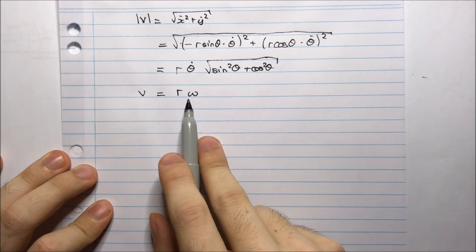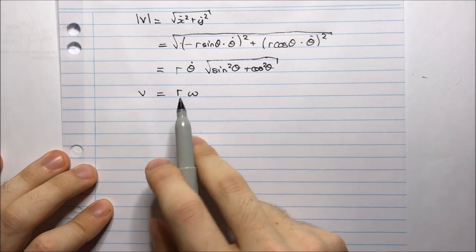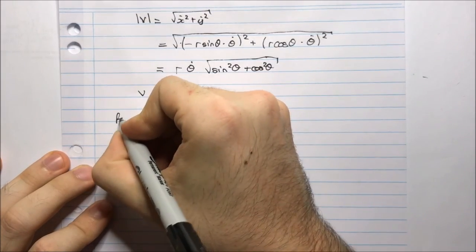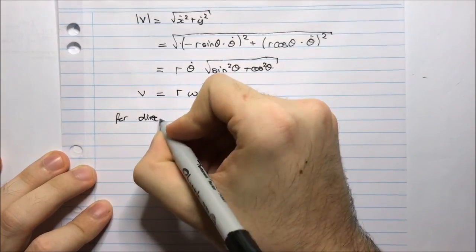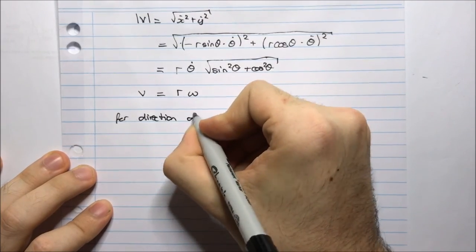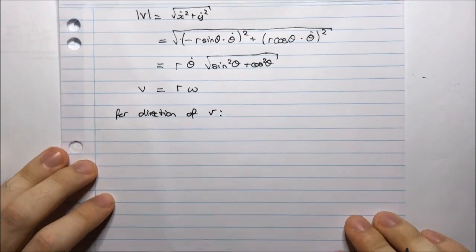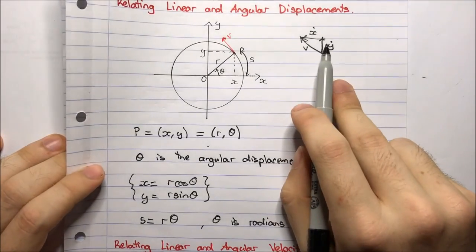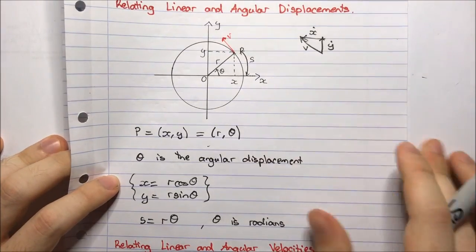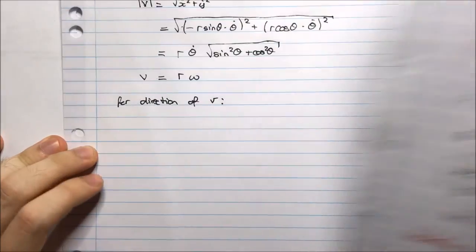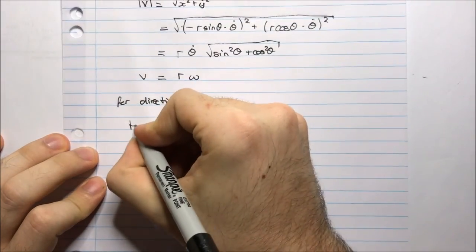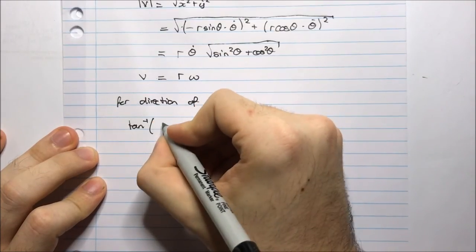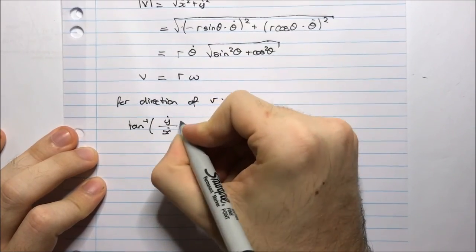Now, we know that this is a velocity, so it doesn't just have a magnitude, but also a direction. So for the direction of v, what do we have? Well, again, going back to our triangle, this is going to be the tan inverse of y dot divided by x dot. So the angle is the tan inverse of y dot on x dot.